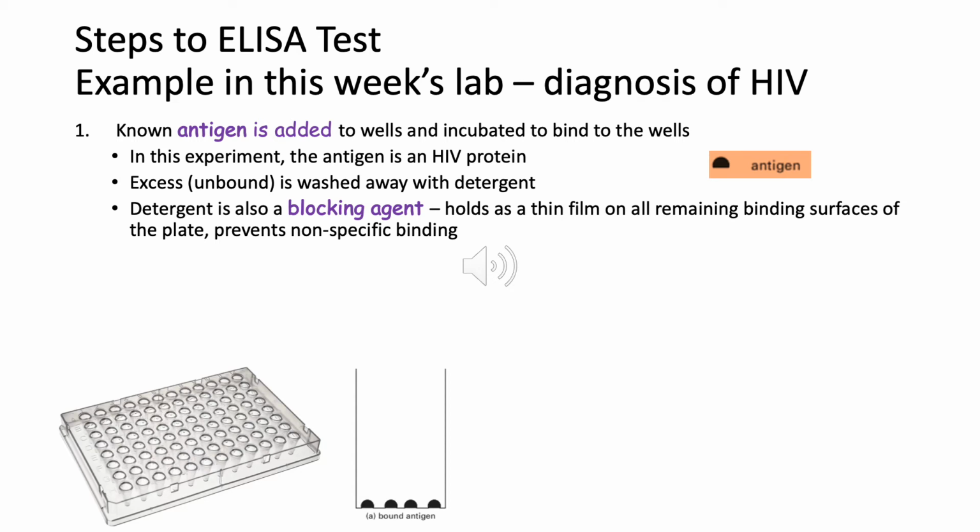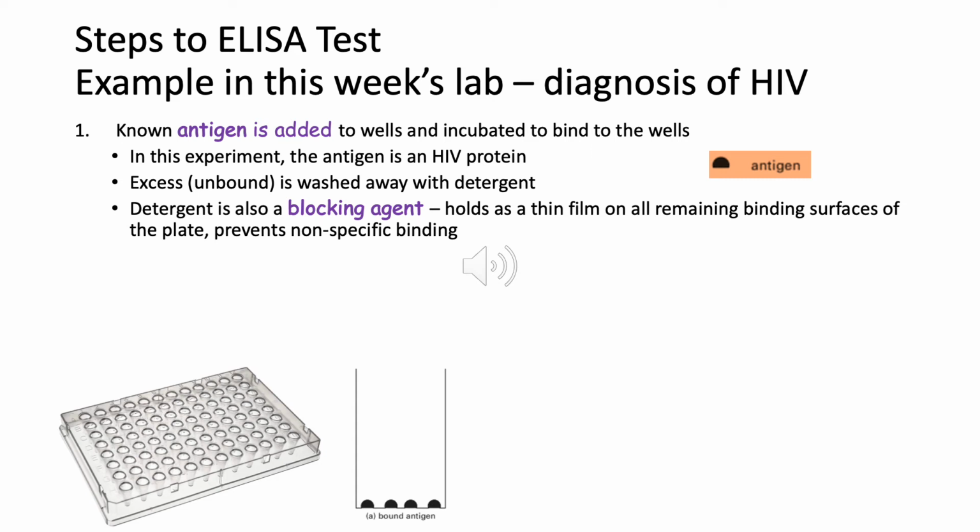So in the first step of this test, a known antigen is added to the wells of this 96 well plate, and then it's incubated so that the antigen can bind to the bottom of the wells, as you can see in the picture at the bottom here. So in this experiment, for the diagnosis of HIV, the antigen is an HIV protein.